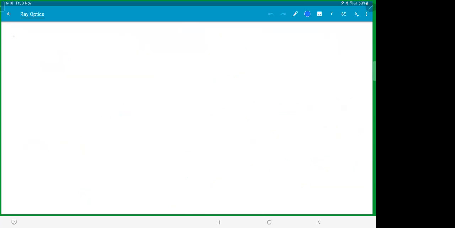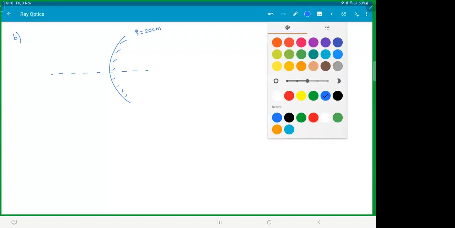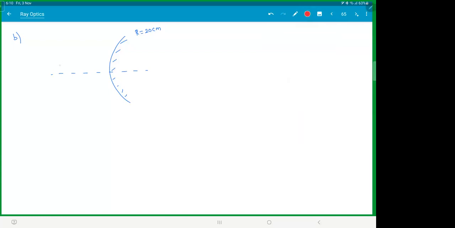Great. The actual question. We have a convex mirror. Let's say R is equal to 20 centimeters. We have a particle here at a height of 1 centimeter going in a circle. This is going in a circle with speed u.